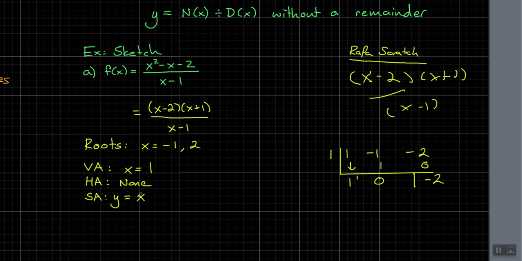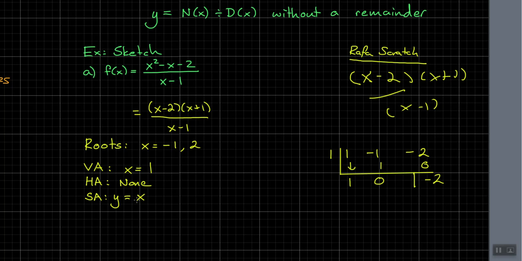Do you agree that if we took x squared and divided it by x, it's going to leave 1x plus 0 plus a remainder of negative 2? So I'm just using synthetic division. The quotient without the remainder is where my slant asymptote is going to live every time.